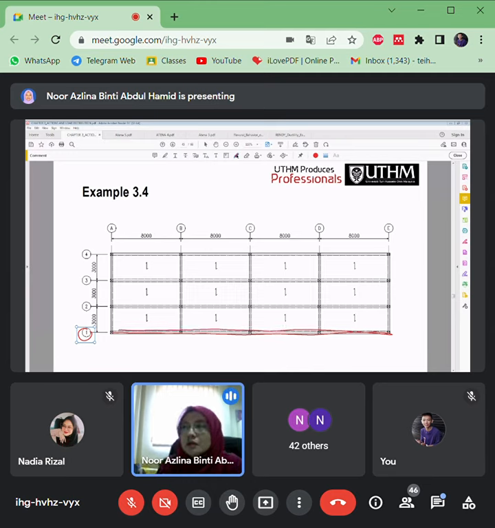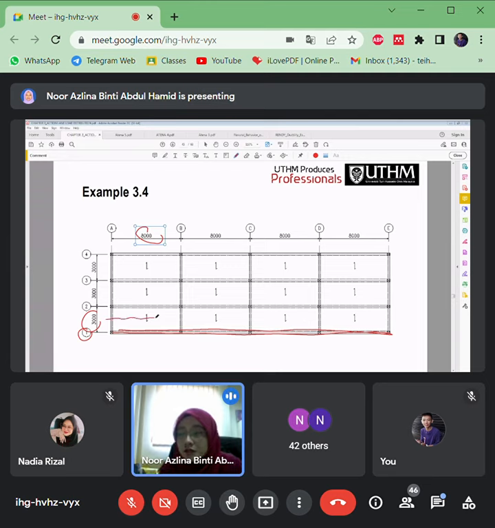So how does the load transfer? Determine what type of slab it is, one way or two way. Different types of slab will distribute differently. If you look here, this is Ly, this is Lx. The symbols are already shown here.